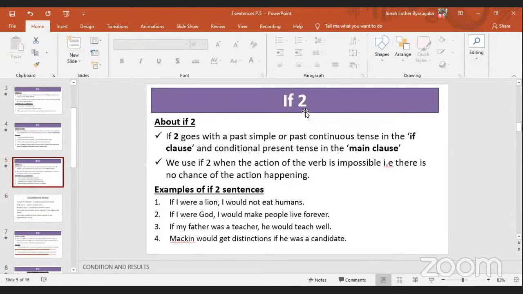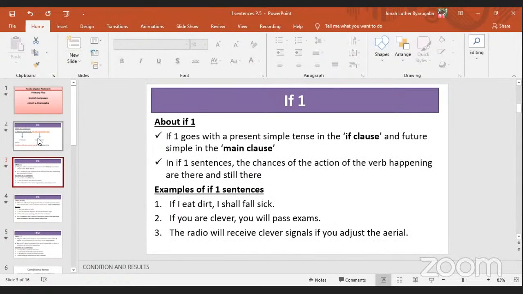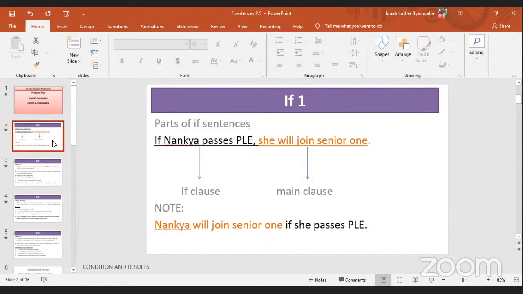That means if you were given such a sentence, if Nakia passes PLE, she will join senior one, and you are required to write it in if two, you have to express the if clause in the past tense.